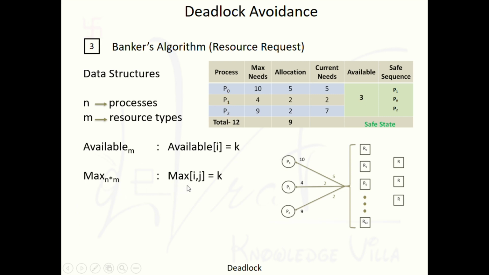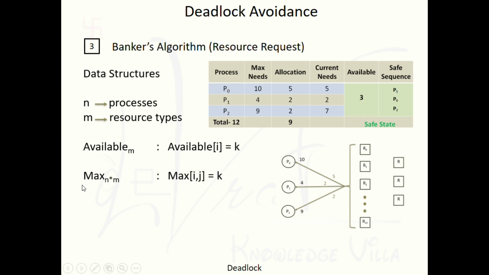Maximum, n cross m, is for Maximum[i][j] is equal to k. So j is representing the resource number here. m is for the resource type, j will represent the resource, and k represents the instances of resources. Now n cross m means this maximum value is in the form of a matrix. Here n represents the number of rows, which is indicated by the processes, and m will represent the number of columns, which is represented by resource type.